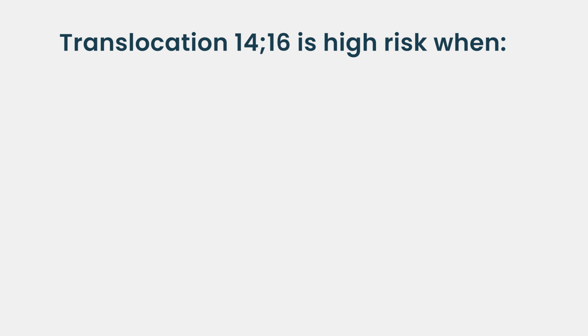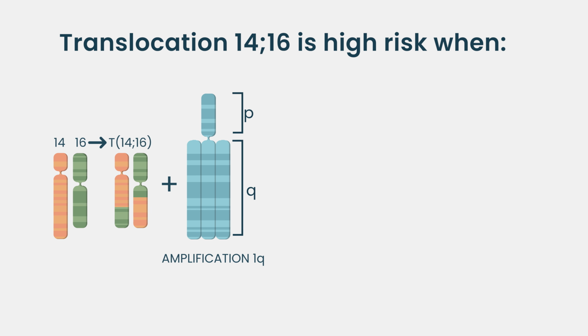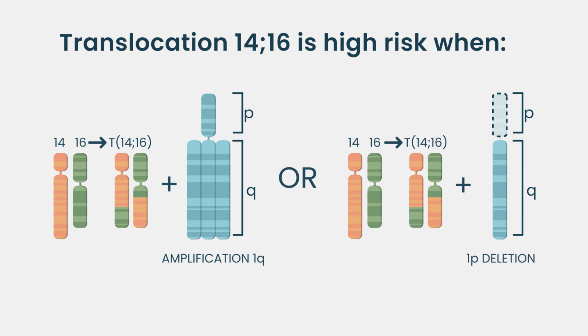And that something else is an amplification of 1q, that's the large arm of chromosome 1, or it's in addition to 1p deletion. So that's the small arm of chromosome 1 being deleted. So the combination of those two, the translocation 14;16 and one of those other markers, would be better criteria, is what the International Myeloma Working Group is telling us, for defining high risk.